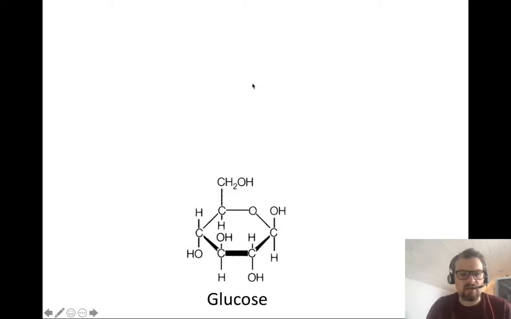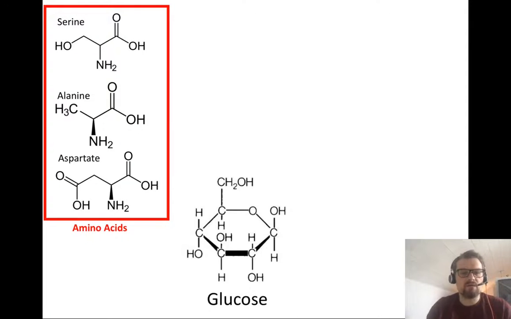We also have to consider that glucose can be a source of material for biosynthesis. So we can use the carbons of glucose to make amino acids like alanine, like serine, and ultimately other amino acids like aspartate.